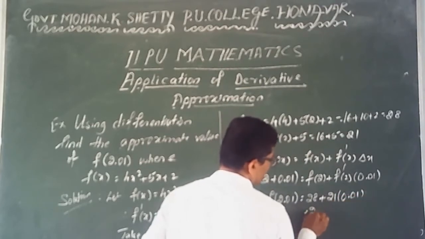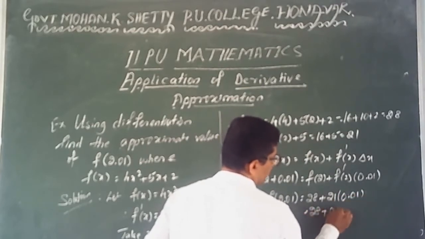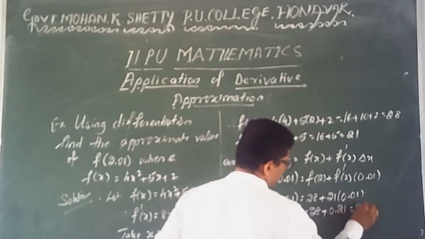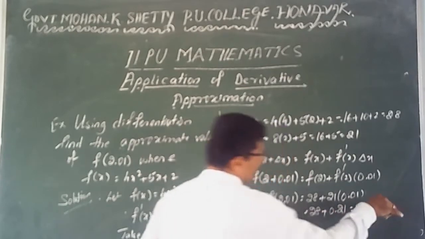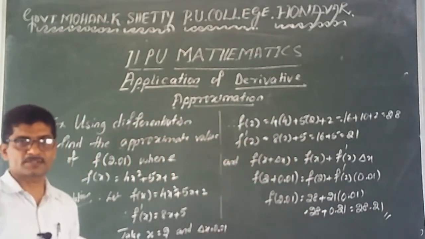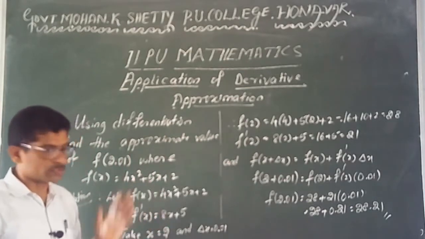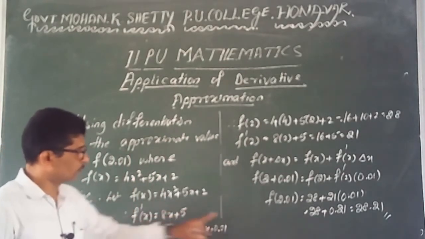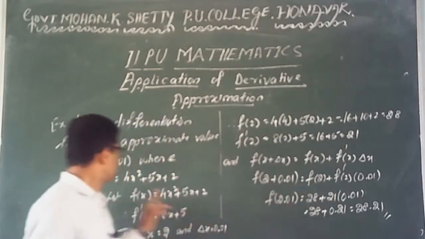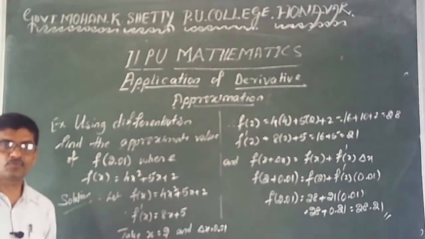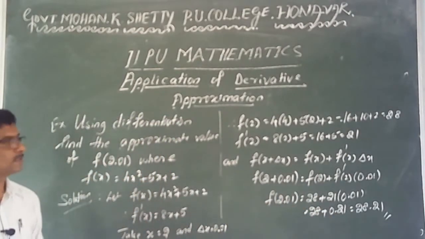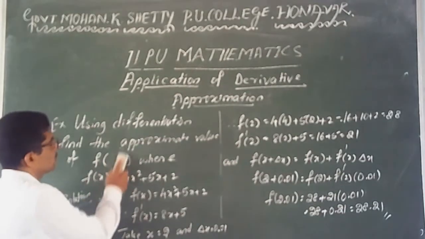This value is 28 plus 0.21, which is 28.21. Easily you can calculate the approximate value, very close to that value, for f of 2.01. Similarly, you can find the approximate values.